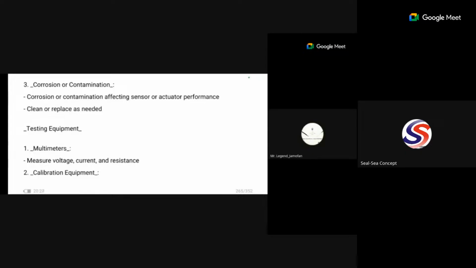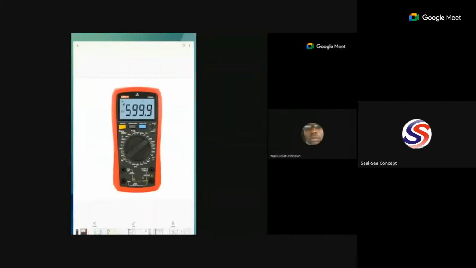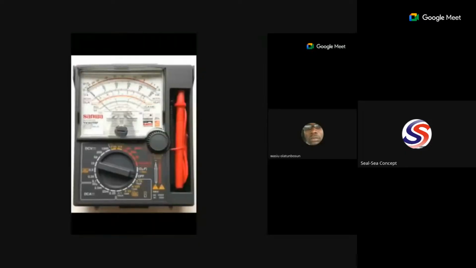So I want to see if I can display the two of them, the digital and the analog, so that I can use them for explanation. Okay, so this is the digital multimeter, and this is your analog multimeter.